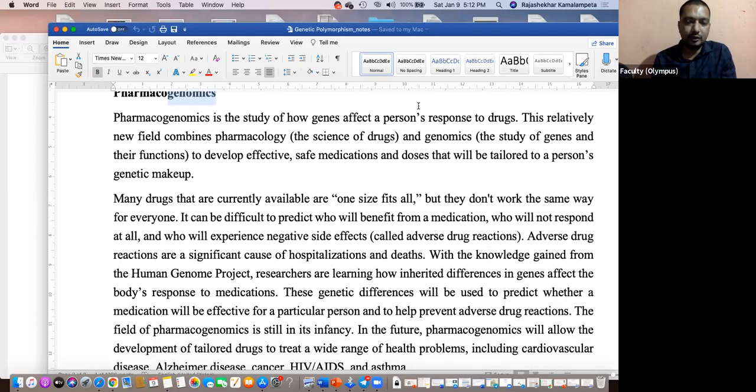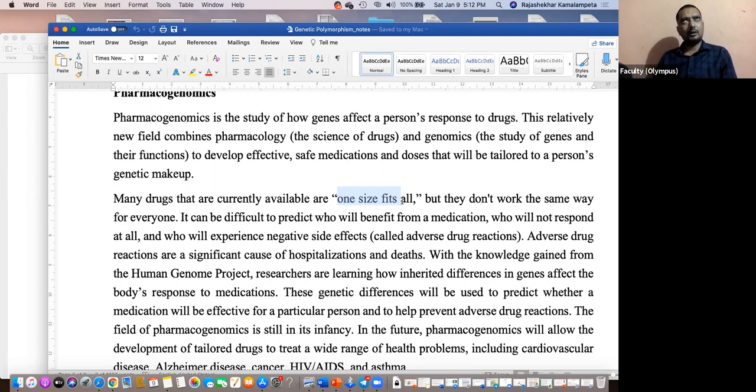Otherwise, we use what is called the one size fits all concept. It's like a headache: you go to a medical shop, you say headache, and more or less you'll get the same tablet. Of course, there are many companies and varieties nowadays. But if you get fever, you get paracetamol, maybe from different companies, but paracetamol, to reduce the fever.